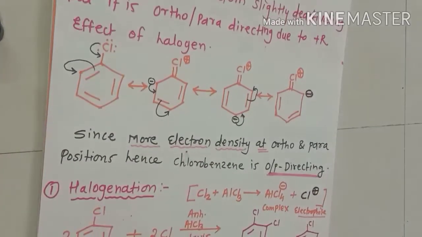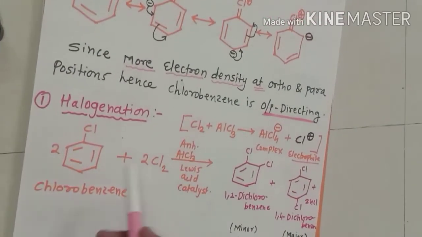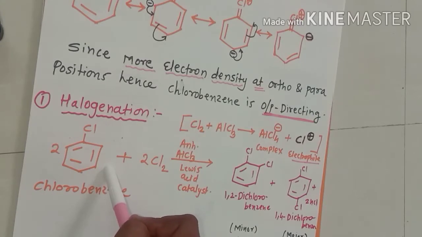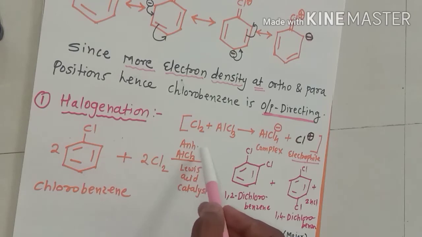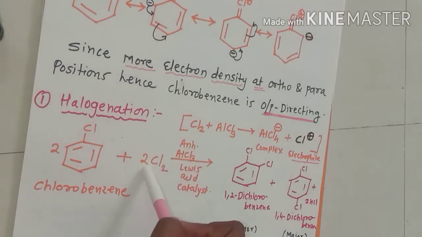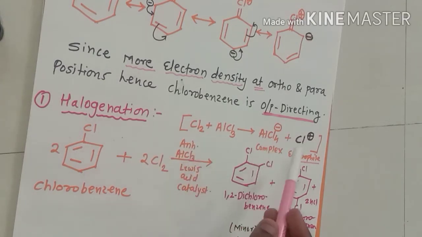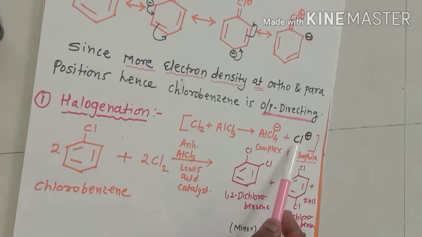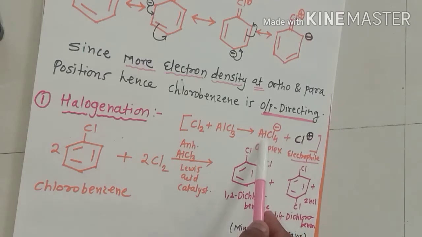Now see the first electrophilic substitution reaction, halogenation. When chlorination of chlorobenzene is carried out in the presence of anhydrous AlCl3, a Lewis acid catalyst, the mixture of chlorine and AlCl3 forms the chloronium ion electrophile, and a complex is formed.